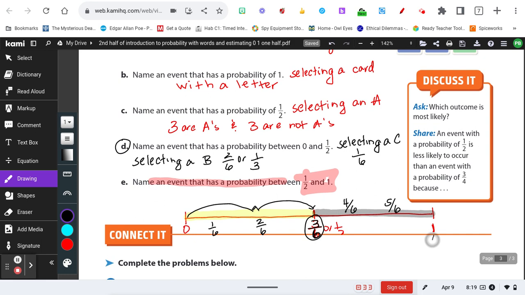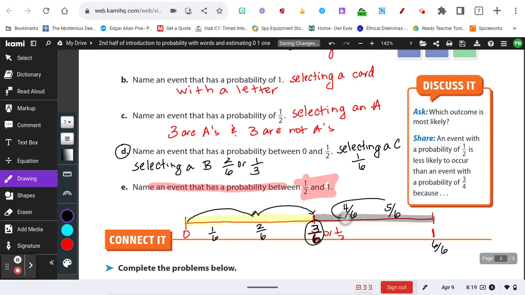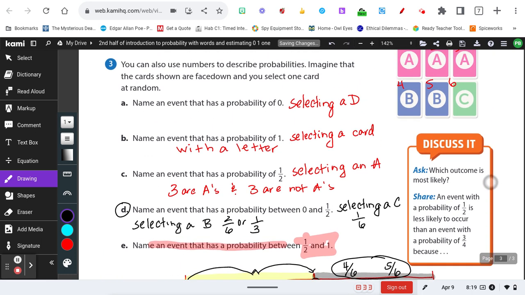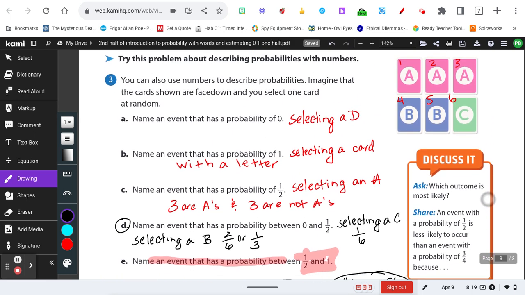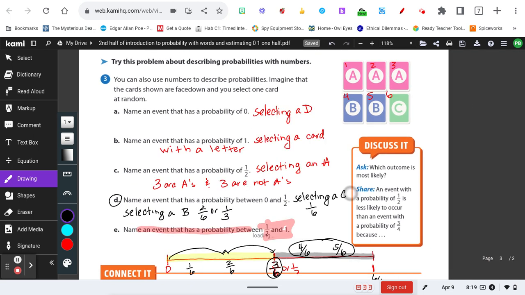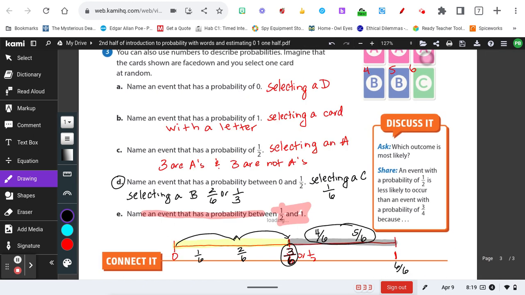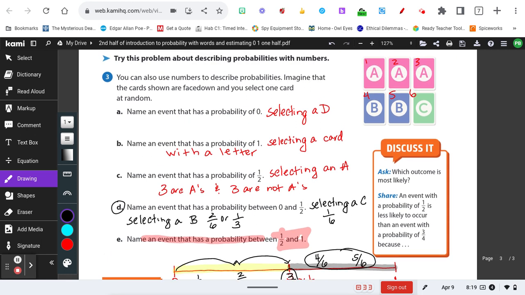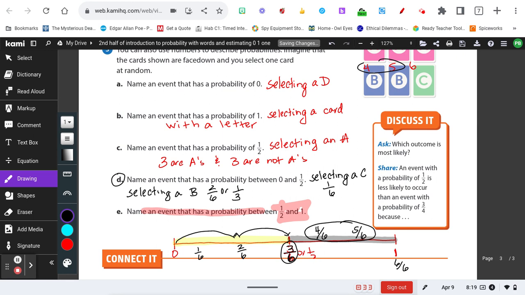And 1 would be all 6 out of the 6. But I'm looking for something in between, like a 4/6 or 5/6 probability. So I could put selecting an A or a B. That's 5/6, because it's 3 A's and 2 B's. That's in between 1/2 and 1.